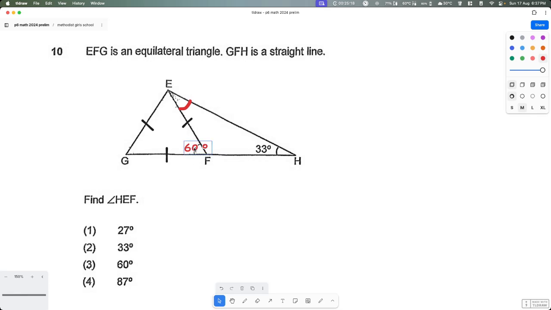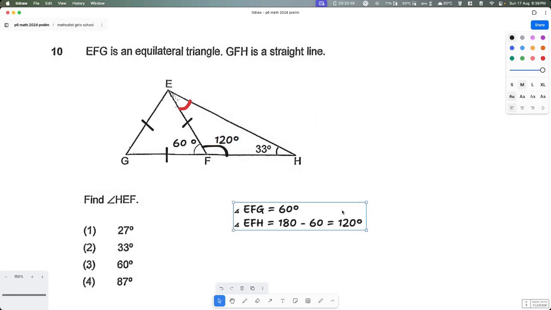So angle EFG is equal to 60 degrees. That means angle EFH is equal to 180 minus 60, which is equal to 120 degrees in this case over here.